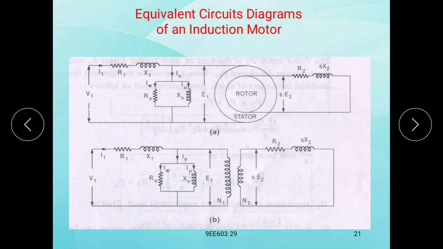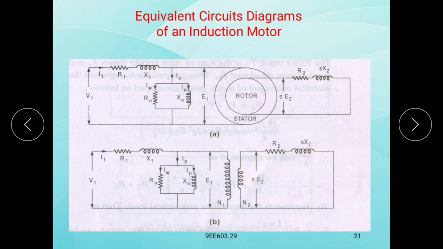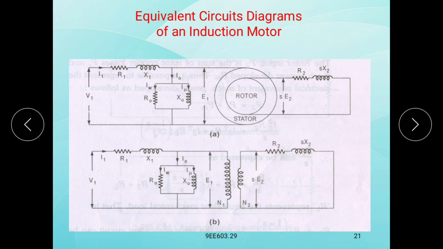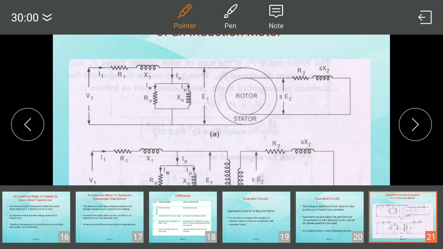Here the induced EMF at the stator side is E1. Now on the rotor side, the resistance is R2, the reactance is sX2, and the voltage is sE2, the rotor induced EMF in running conditions.